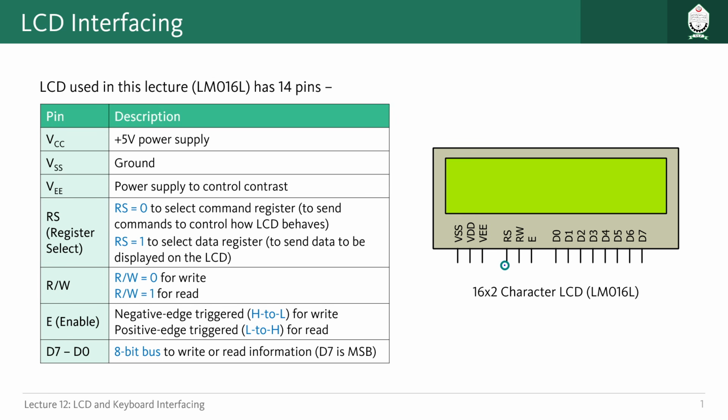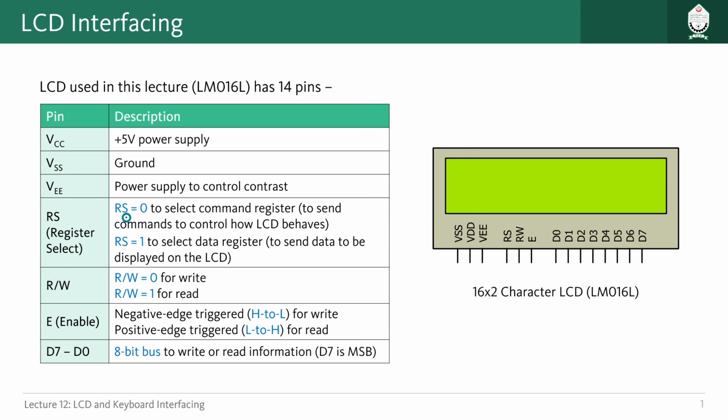Okay, so these 8 pins D7 to D0 are basically the data bus for this particular LCD display. Whenever we send or receive any kind of data, that is done through these 8 pins, right? Whatever data we send to our LCD display will be saved either in the command register or data register based on the RS pin.